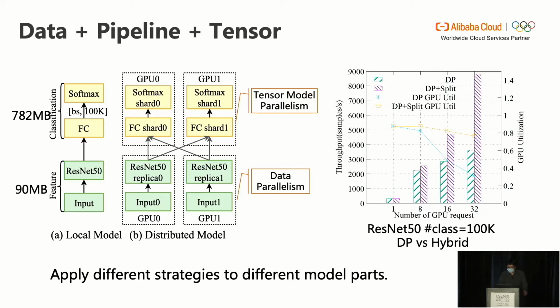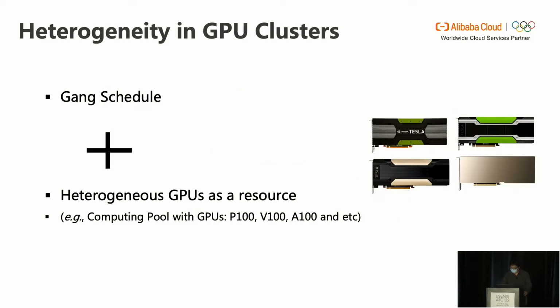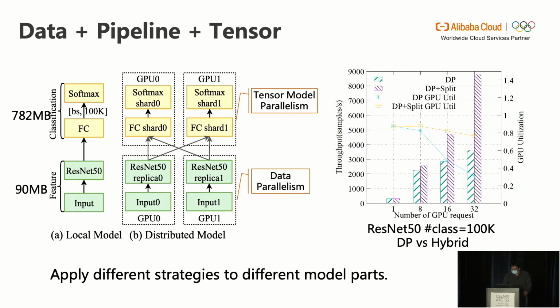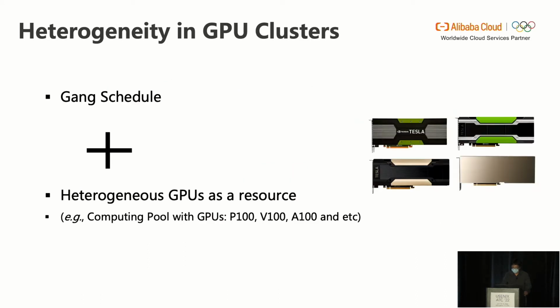If data parallelism is applied to the whole model, the gradient size of the fully connected layer will become the bottleneck. One better solution is to apply data parallelism to ResNet 50 and apply model parallelism to the fully connected layer. As a result, the synchronization overhead can be reduced by 90%, thereby achieving better performance.